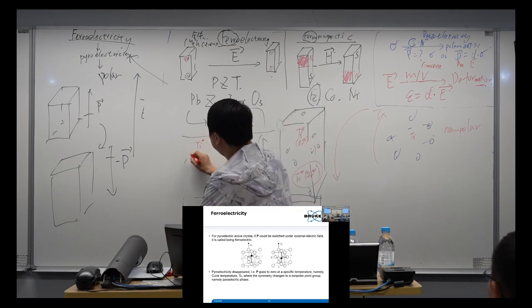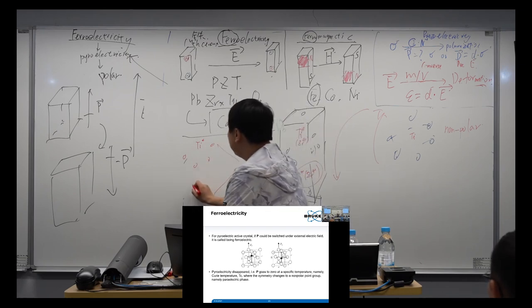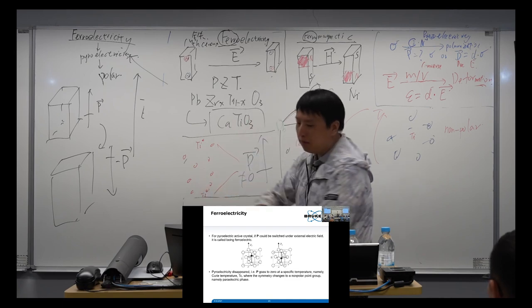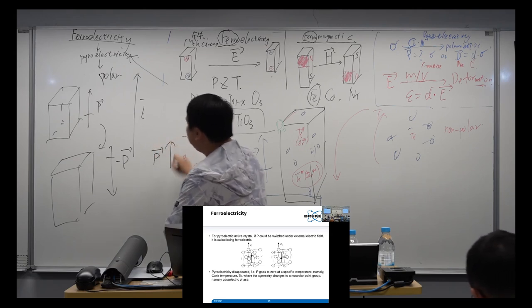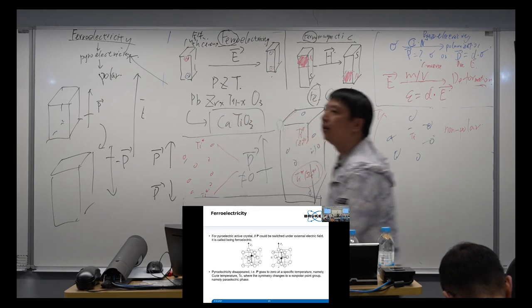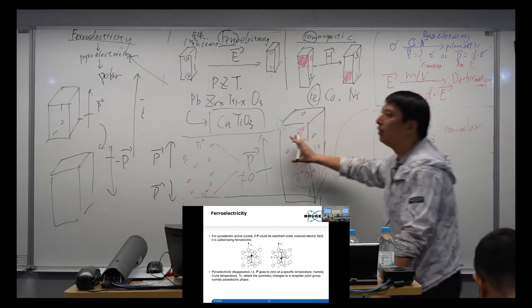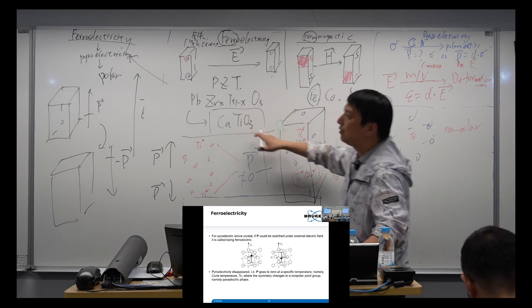One is titanium on top. The other one is titanium on bottom. It means it should have 2 polarizations. One is facing up, one is facing down. Okay, that's the basic idea we describe from the crystal, just based on the structure of the perovskite.